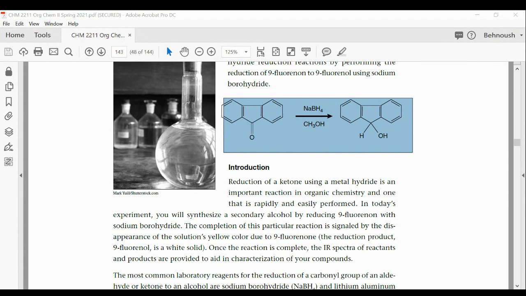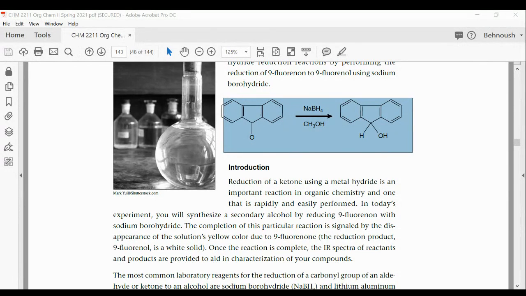So 1700 should have disappeared, and the new peak at 3300 should appear to show that the product has formed. OH is broad, yes. If the peak at 1700 completely disappears, that means there is no impurity as well.